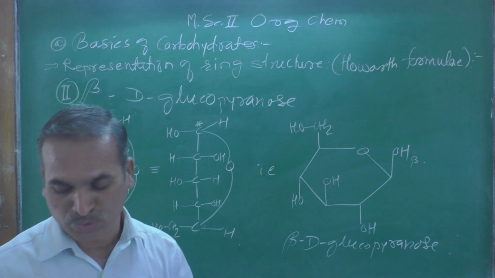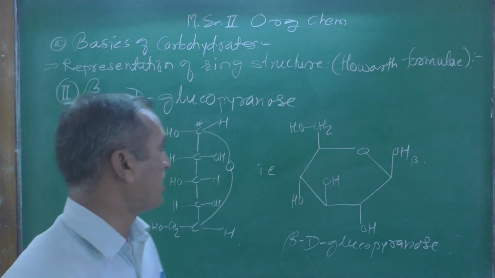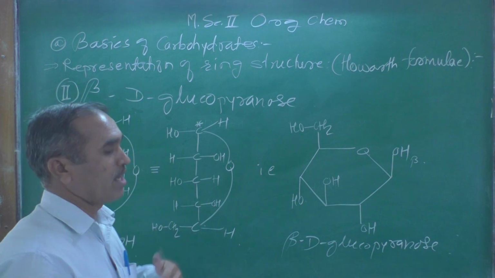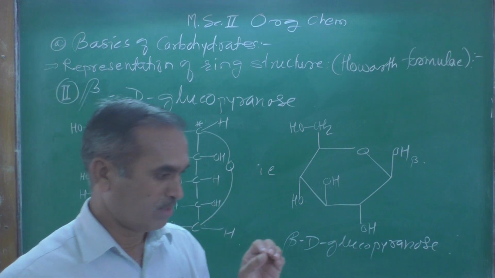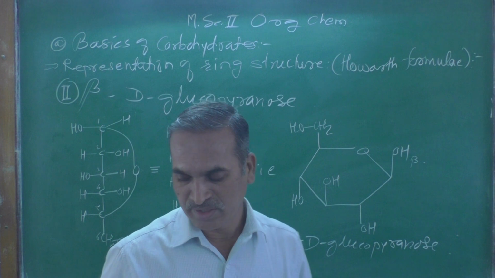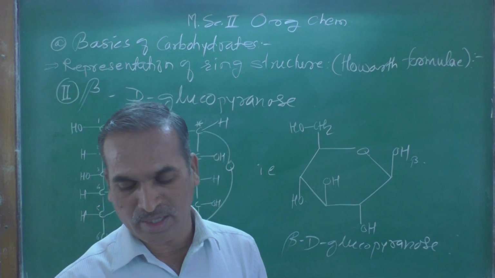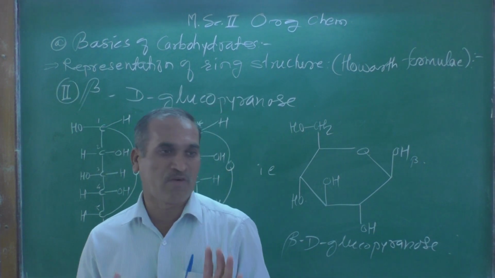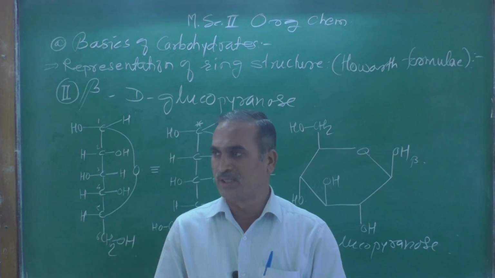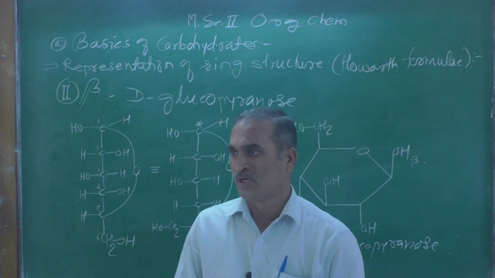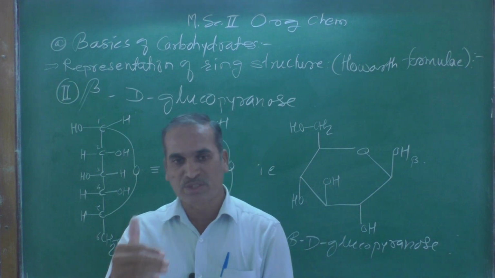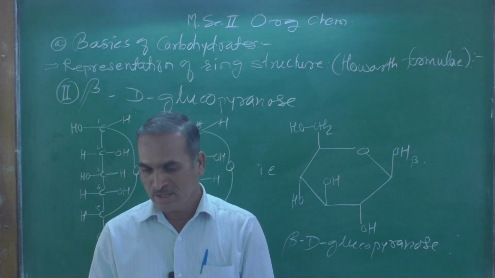Understood, how to represent the alpha and beta forms of D glucose, and they are the anomers of each other. Anomer is one of the important terms we frequently use while studying carbohydrates.